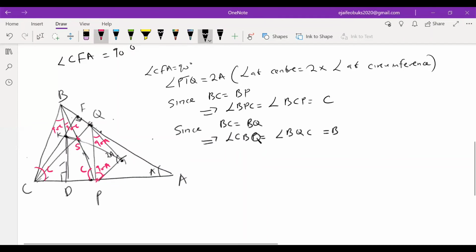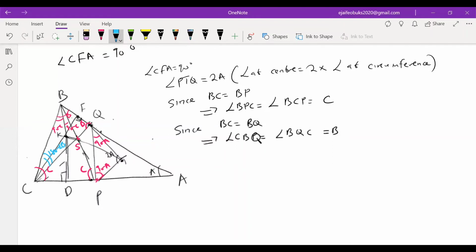So this is also B. This entire angle here is B. Okay, so we know this. Let me use blue marker. So this is something like 180 minus 2B.